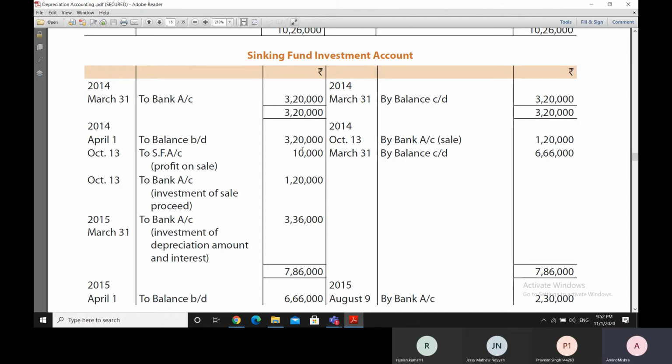So when a profit of 10,000 rupees is made, the sinking fund investment account is debited with this amount of profit on sale by this 10,000 rupees, and the sinking fund account is in turn credited with this amount, because we are transferring the profit on the sale from the sinking fund investment account into the sinking fund account, because this is additional profit that has been generated within the sinking fund investment account.